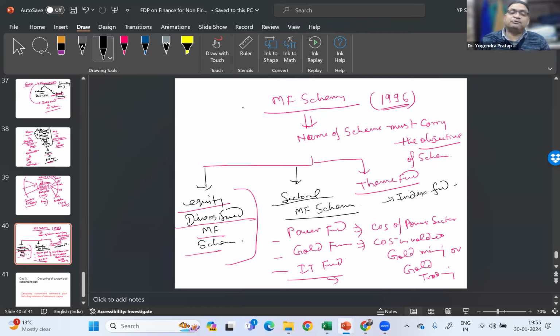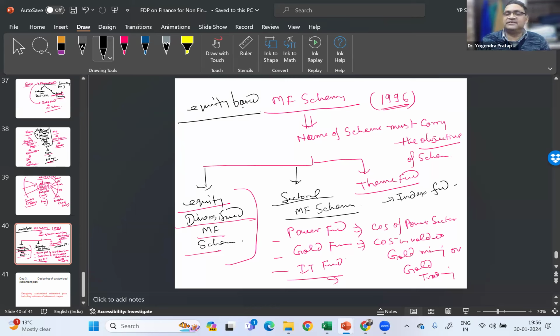So suppose equity diversified mutual fund scheme, you have to invest in, and there are some debt-based ones, where your fund manager will invest in fixed income securities only. And I have taken the example of equity-based mutual fund schemes. So these are the different categories of equity-based mutual fund schemes.